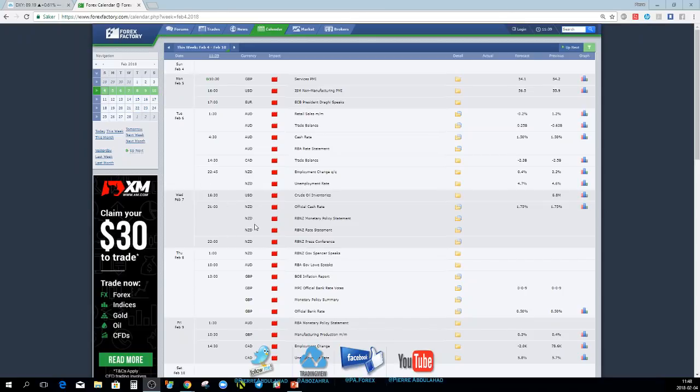So I think those are the three main currencies you should be paying extra attention to. And of course we do have some news for the US dollar as well, but not as much as the rest. And on Monday we do have as well President Draghi's speech at 17 Eastern Europe time.